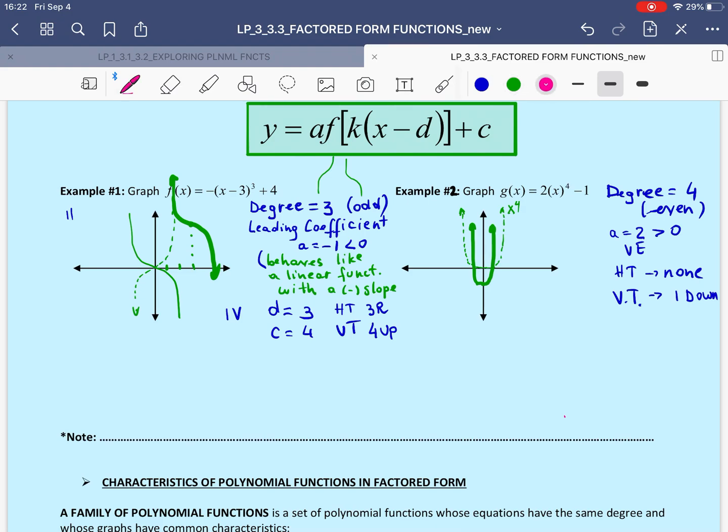So I'm going to write a note in here. This method is limiting. So this graphing method can be limiting due to the fact that it can help us graph only the functions that are written in the transform form.